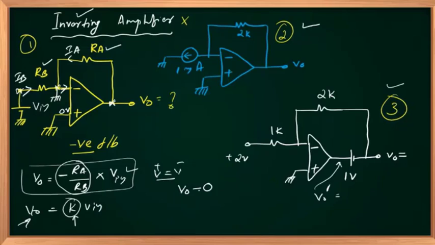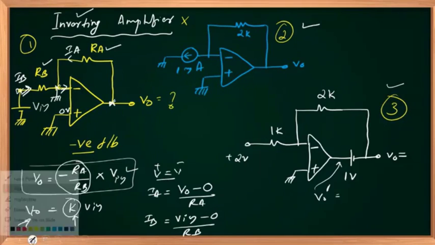I am writing IA equal to V out minus 0 upon resistance RA, Ohm's law. Similarly, IB, again Ohm's law. Please hold on, you'll be getting bored, but please listen. This is important. IB equal to V in this direction, V in minus 0 upon RB.